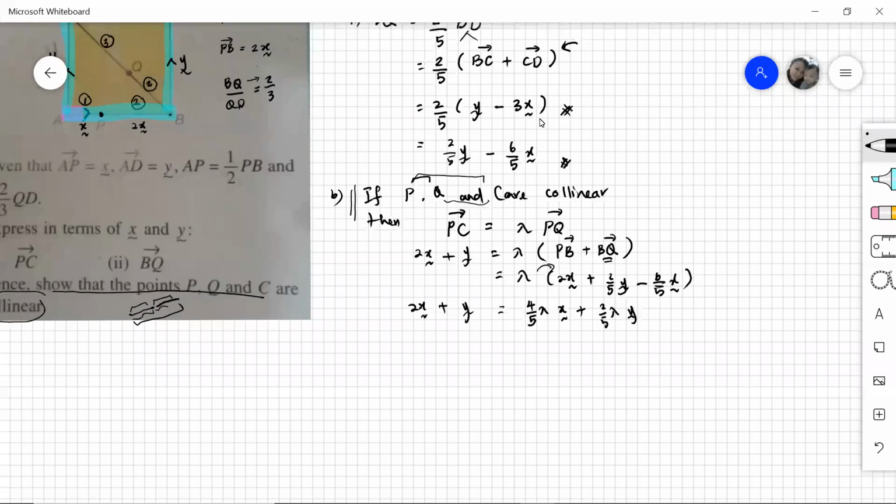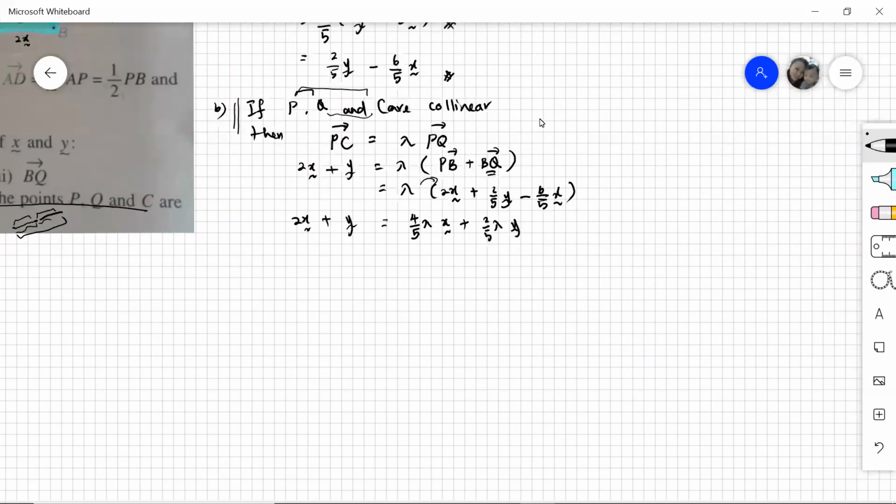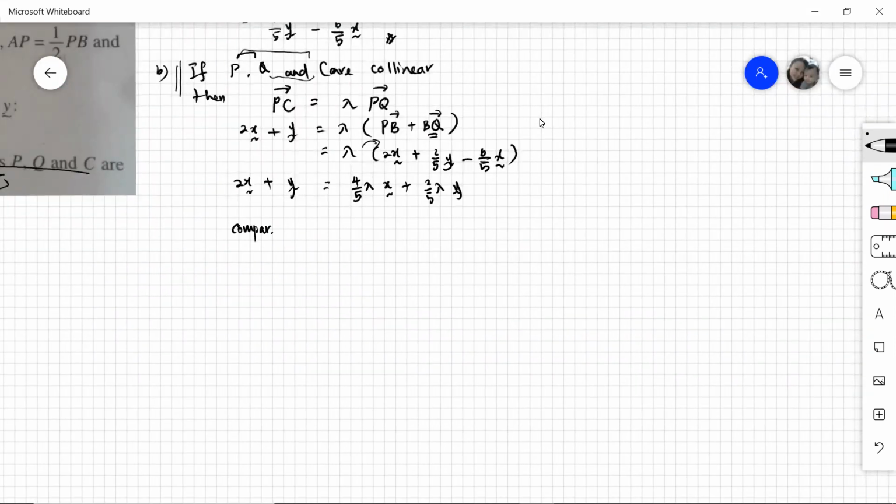Let's just focus on this. The next part will be to compare coefficients. The coefficient is the number attached to the vector or variable that we want. For vector x, on the left-hand side the coefficient is 2, and on the right-hand side the coefficient is 4 over 5 lambda.